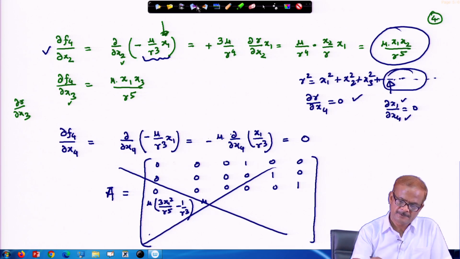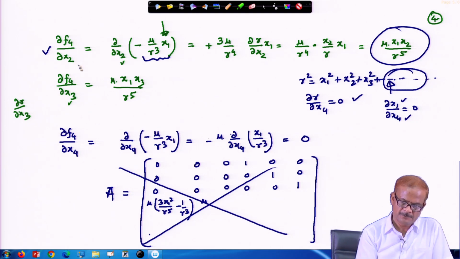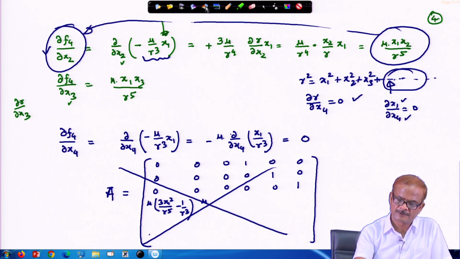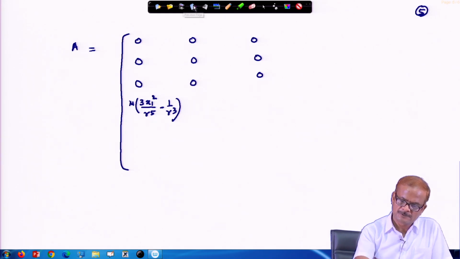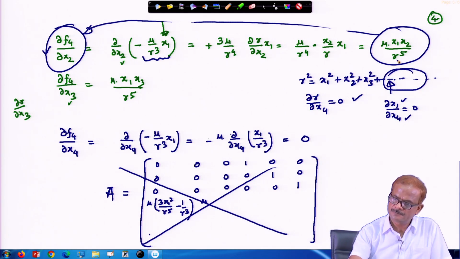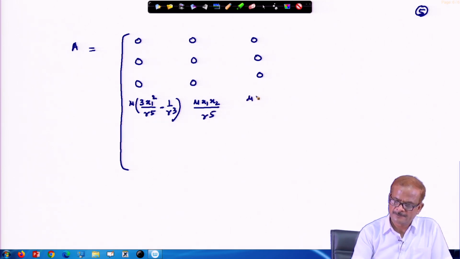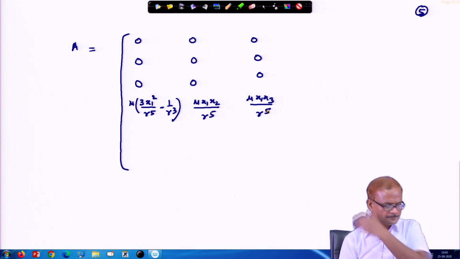The second element we are taking from this place, this particular element which is coming here, dou f 4 by dou x 2. So, this quantity is mu x 1 x 2 divided by r to the power 5. The next element we have written is mu x 1 x 3 divided by r to the power 5.